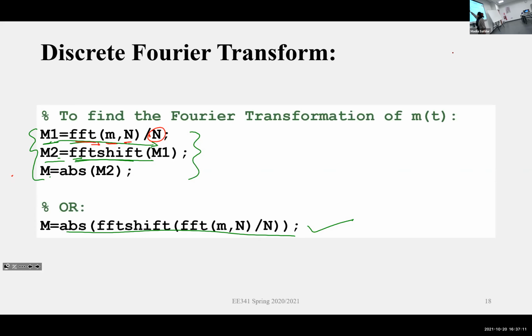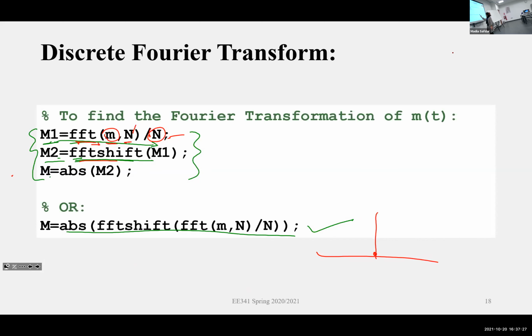Then FFT. I will calculate the FFT of M, my original signal, number of samples, and then normalize with the total number of samples. Then FFT shift, which I explained to you in the previous example, in the previous slide also.